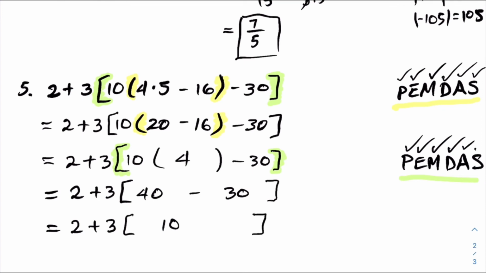That's done. So now we have another PEMDAS. In this PEMDAS, there is a bracket, but the bracket only has one number, and there's a number next to the bracket. Again, bracket and parentheses are the same.